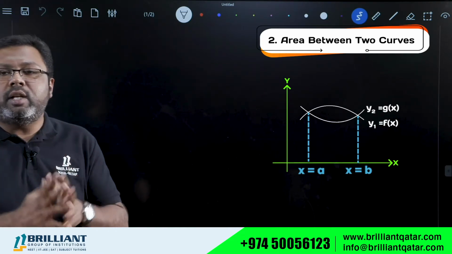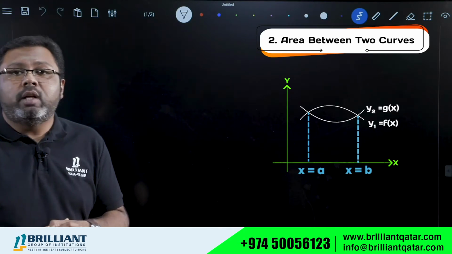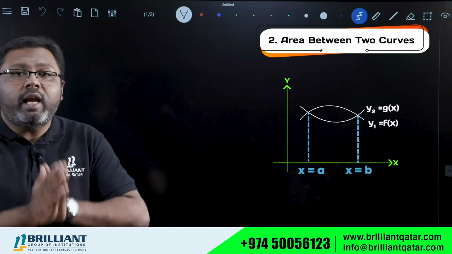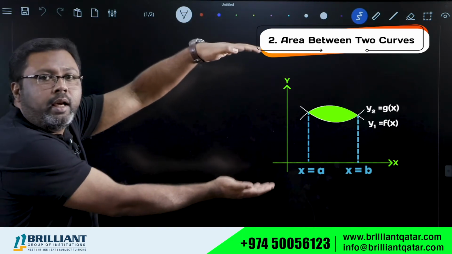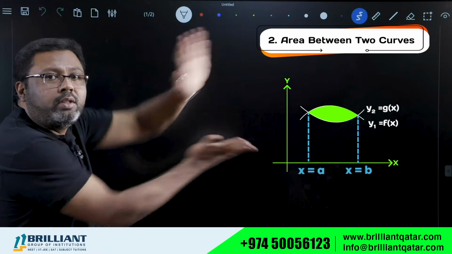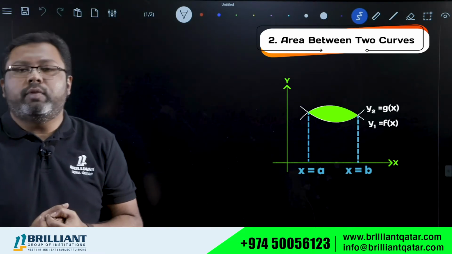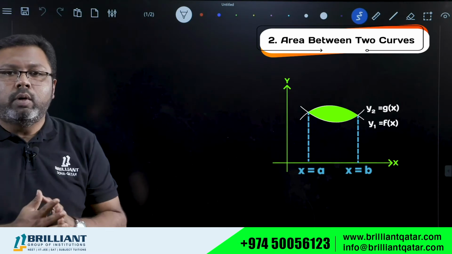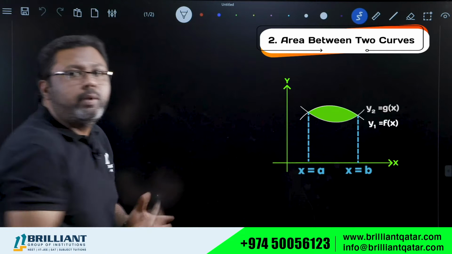Let's try to understand the concept once again. I'm talking about the area between two curves. Now we're going to find the area that is enclosed between these two curves. How do we find it? Very simple. Just try to remove the curve below, y2 is equal to g of x.